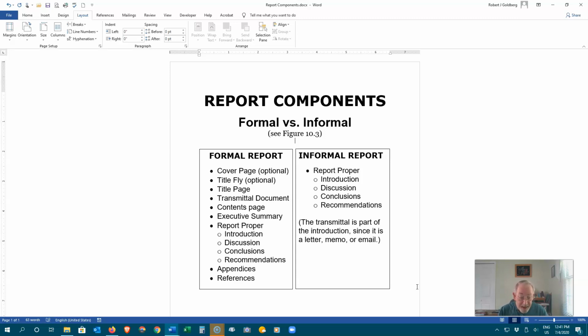All of these can also be long formal reports if the topics are more complex and involve large sums of money and are directed to high-ranking executives. The difference between short and long reports are tied into length and audience.